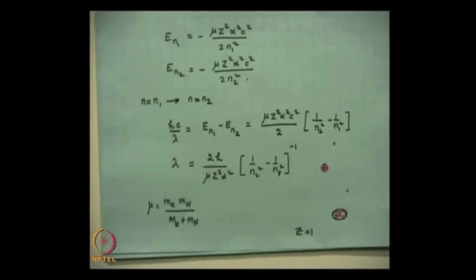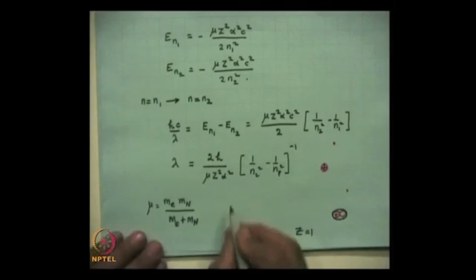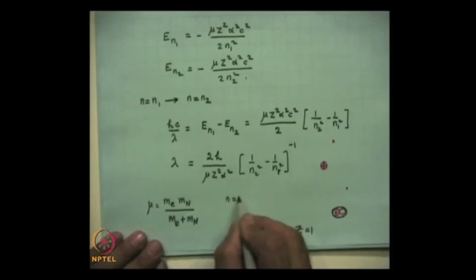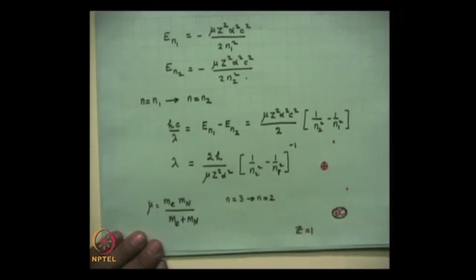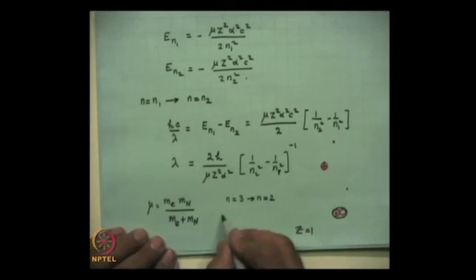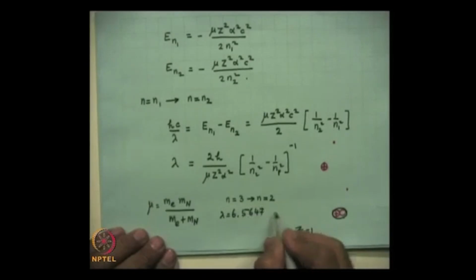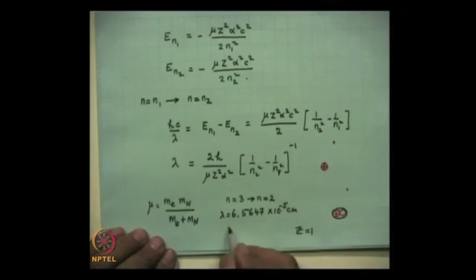And in fact, what was observed was that in the n equal to 3 to n equal to 2 transition, which is in the Balmer series, I leave it as an exercise for you to calculate, the wavelength that is emitted was 6.5647 times 10 to the power of minus 5 centimeter, in the visible region, and 6.5629 times 10 to the power of minus 5 centimeter.